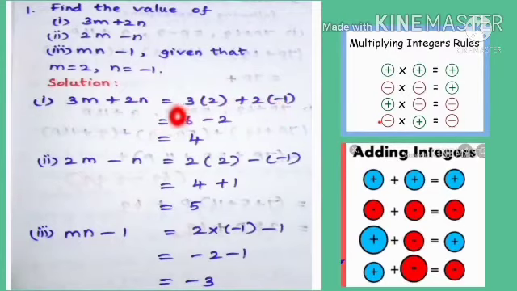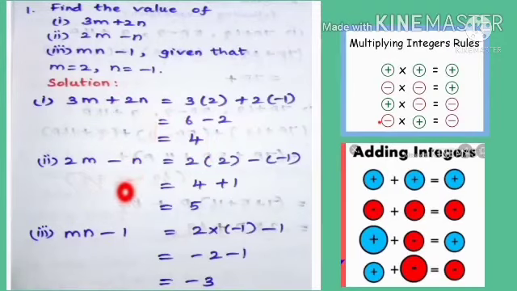Did you understand this step? Okay, in the next step, 3 into 2 is 6. And here, plus 2 into minus 1 is minus 2, by using the multiplication of integers rule. That is, the product of two different integers is always a negative integer. So, plus 2 into minus 1 is minus 2. And here, 6 minus 2 is 4, which is the required value for the given algebraic expression 3m plus 2n.